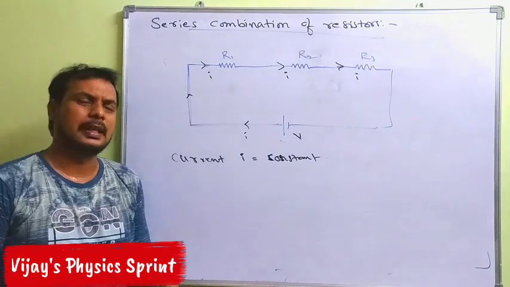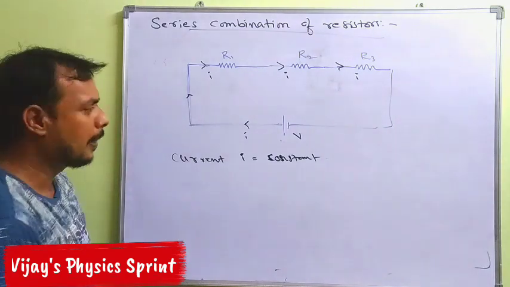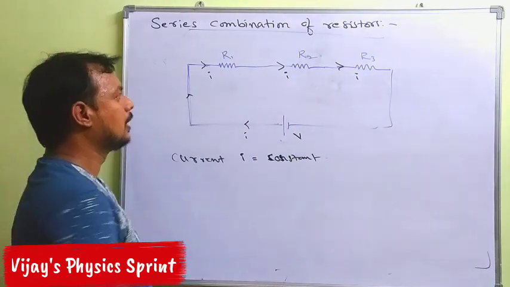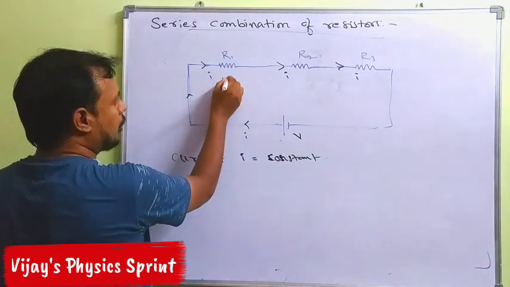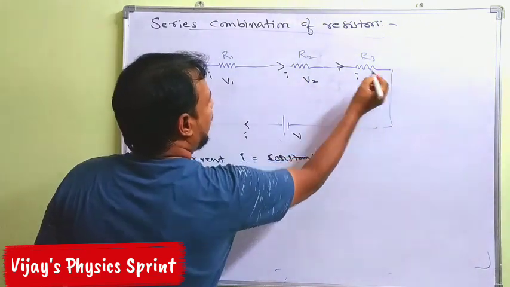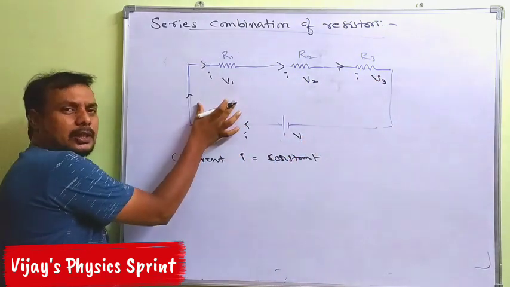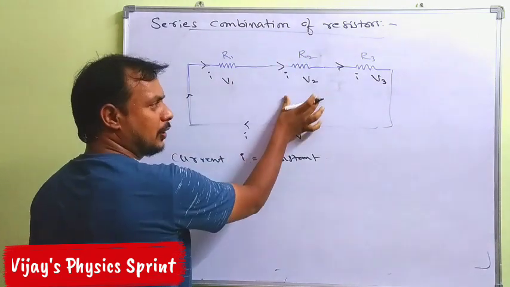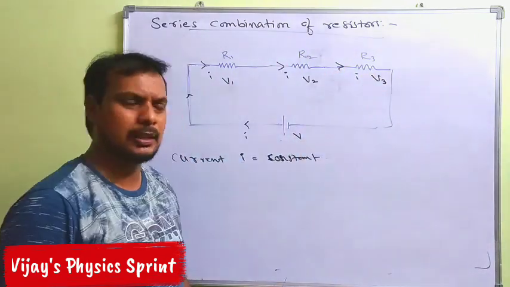So I is constant, but the applied potential is divided among the given resistors. The potential drop across the first resistor R1 is V1, the second resistor is V2, and the third resistor it is V3.